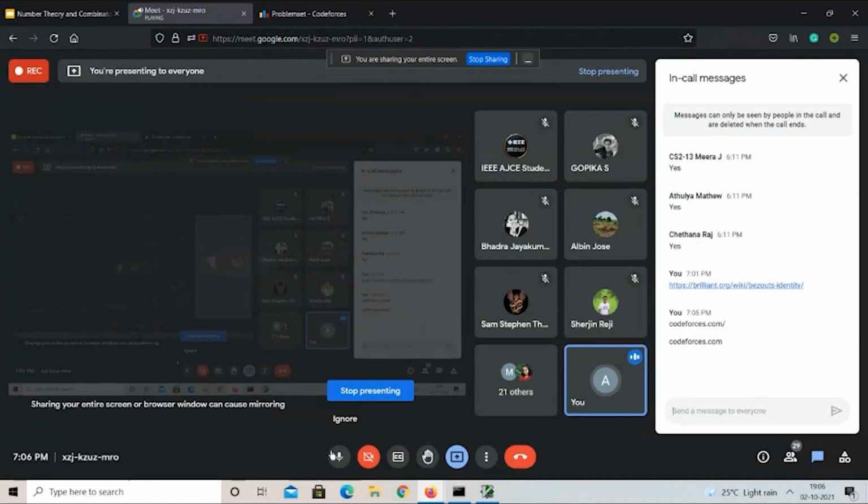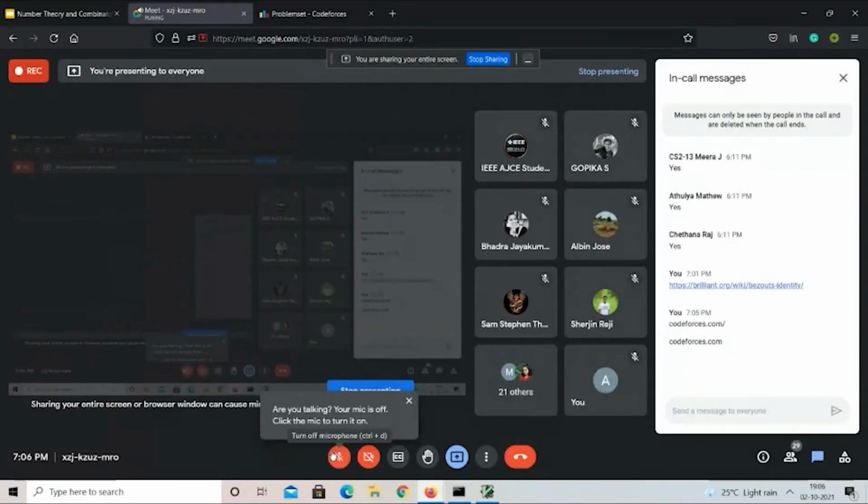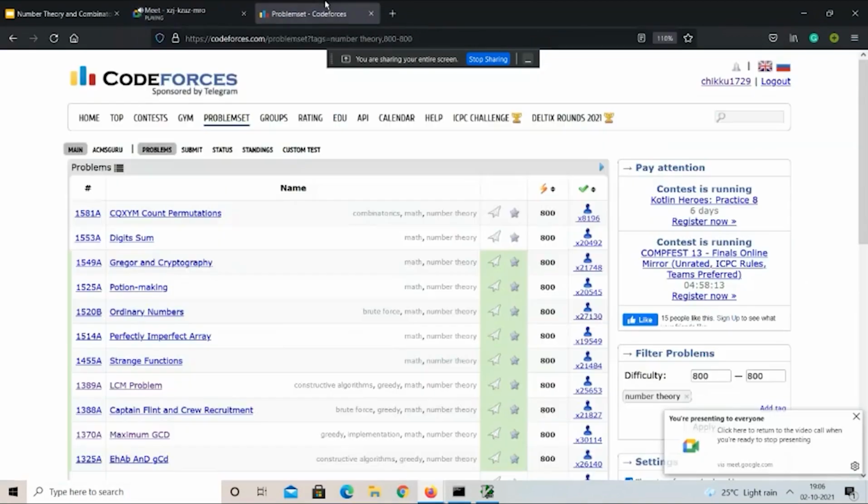So this is the Chinese remainder theorem. That's one of the most renowned theorems in number theory.